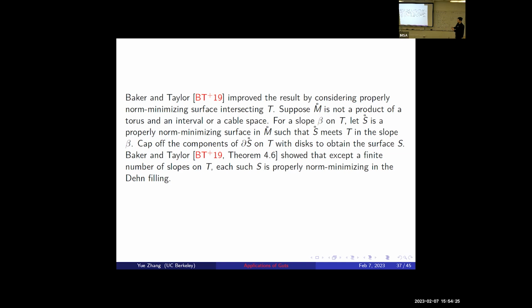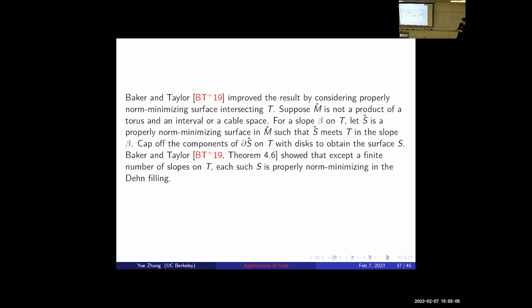In this case, you need to cap off the components of the boundary of S, otherwise it's not a properly embedded surface in the resulting manifold from Dehn filling. So you cap off the boundary components on T with disks to obtain the surface S. And Baker and Taylor show that except for a finite number of slopes on T, each such S is properly non-minimizing in the Dehn filling, that is, for sufficiently long Dehn filling.